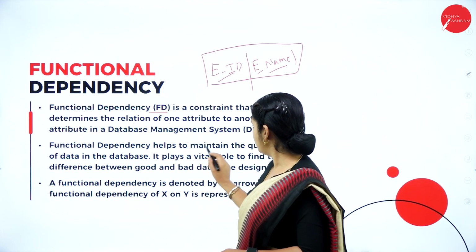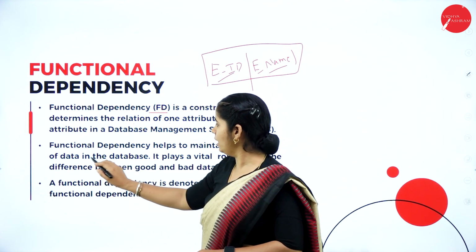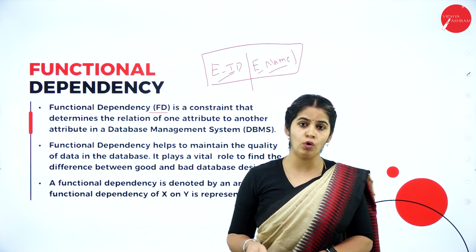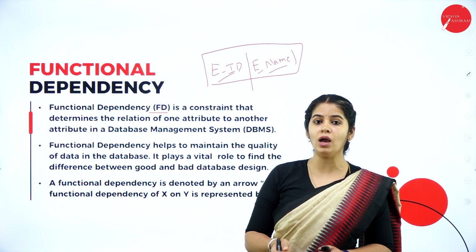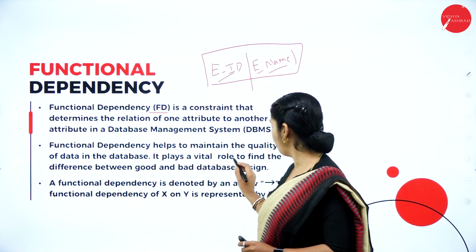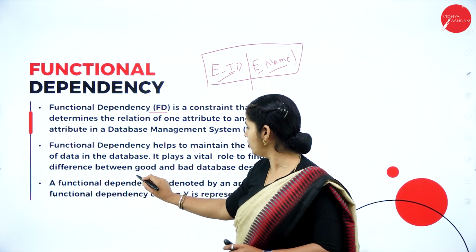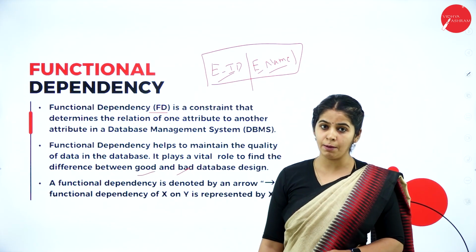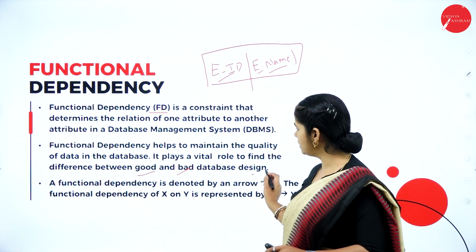Functional dependency helps to maintain the quality of data in the database. Why do we have to go for functional dependency? To maintain the quality of data in the database management system. It plays a vital role in finding the difference between good and bad database design.